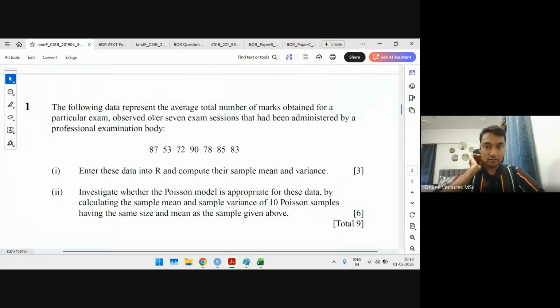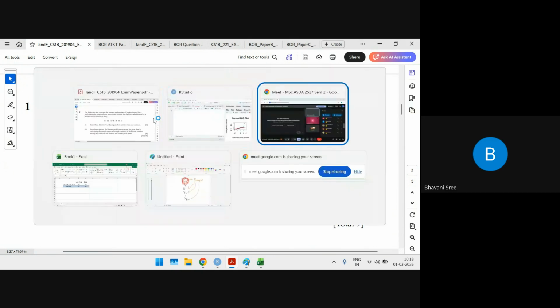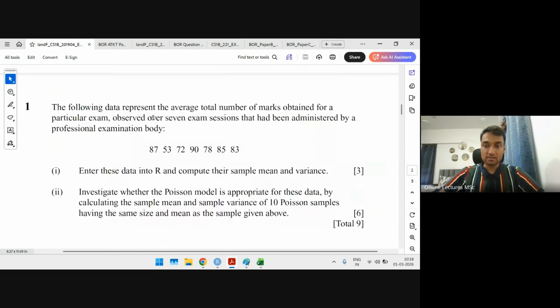Can we start to discuss this question as well? It's 10:18. Okay, I'll give you guys up to 10:20. We'll start discussing at 10:20.